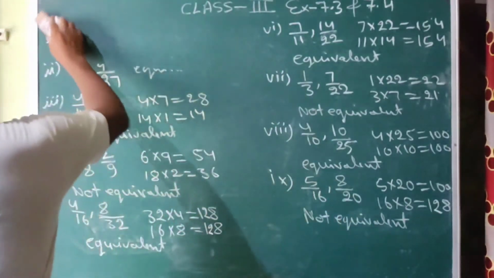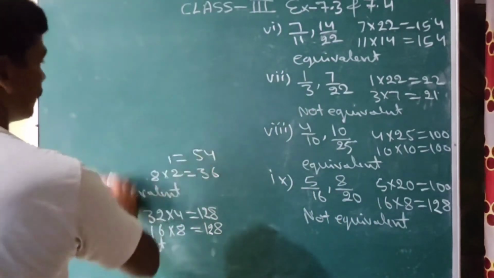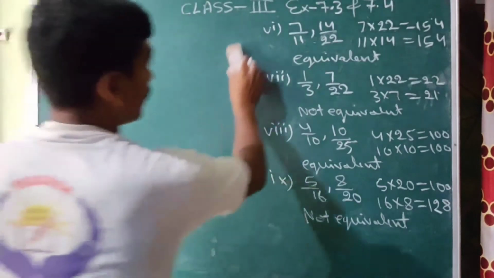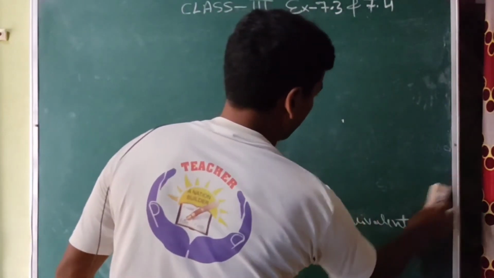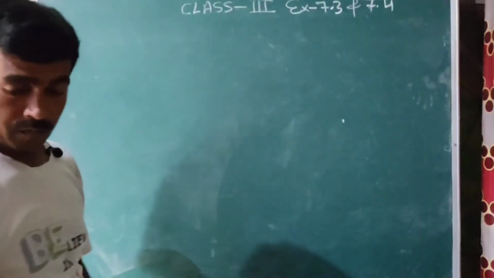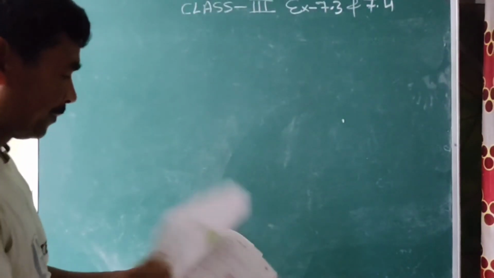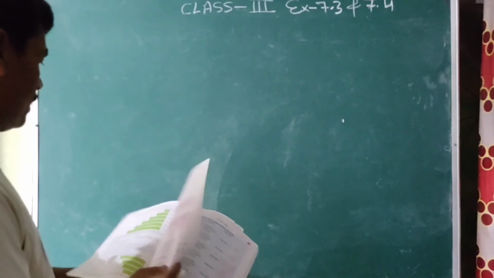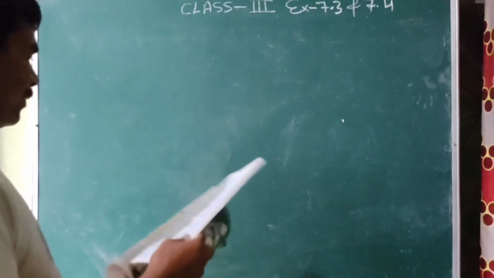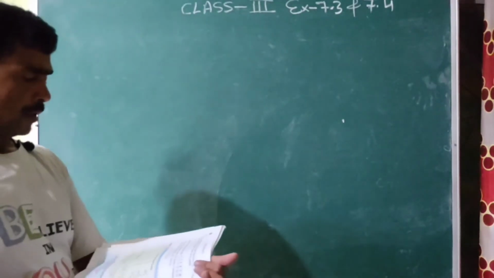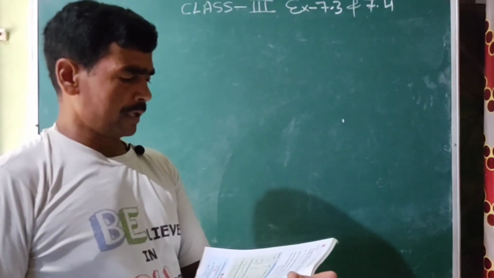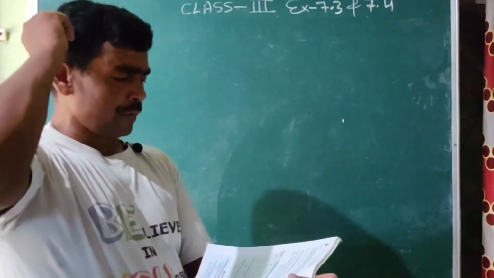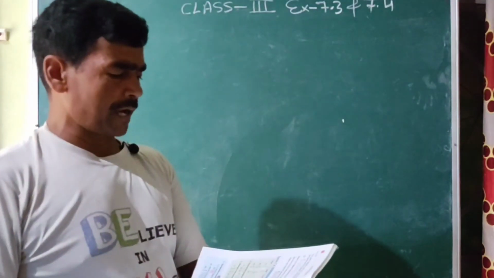7.4. First part. First question, put greater, smaller or equal to make the statement correct.